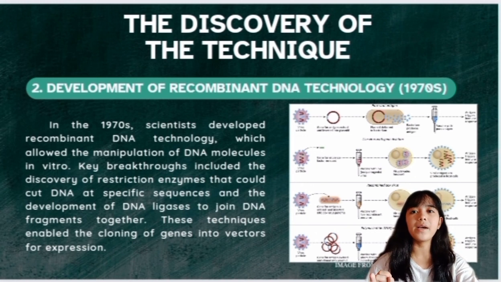The second step is cutting the DNA at some specific locations. The restriction enzymes, or the molecular scissors, are used to cut the DNA at specifically defined places. These enzymes recognize specific DNA sequences and cut the DNA at these sites. The next one is the amplification of the gene of interest.